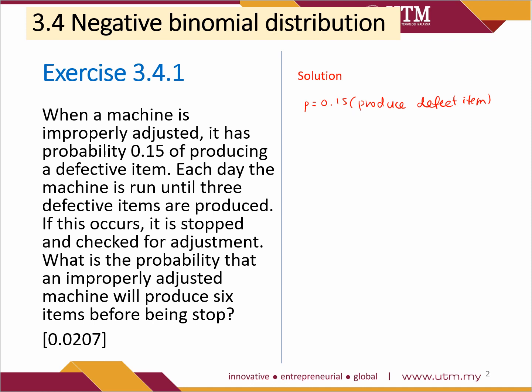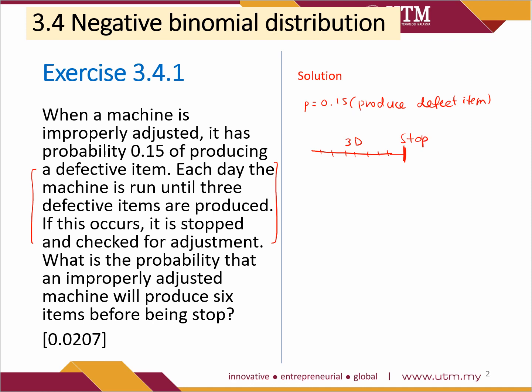Each day the machine is run until 3 defective items are produced. If this occurs, it is stopped and checked for adjustment. So if we draw these items and find 3 defective items, the machine will stop.